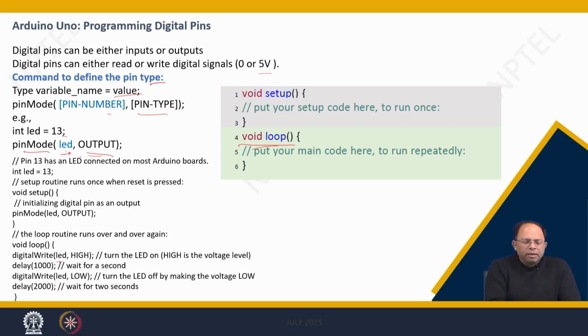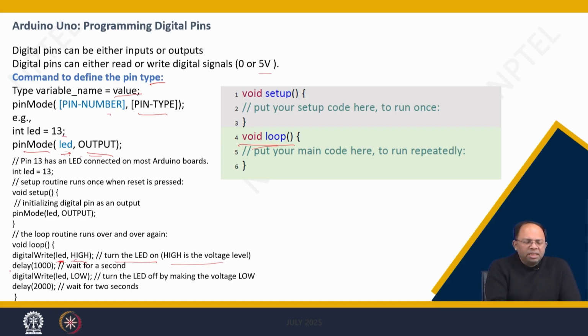That means first of all which pin we have to refer to, and should I turn that particular pin high or low, because it's a digital signal, either it will be high or low. So Arduino can turn a pin into high or low, right? Over here when I make it HIGH, because it's the output pin, it turns the LED on. That means high is the voltage level in this case, right?